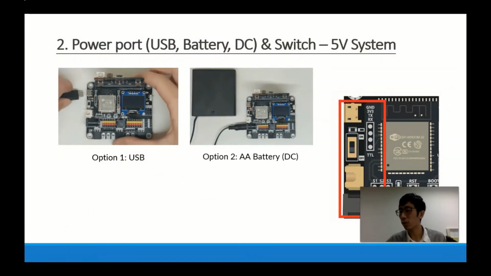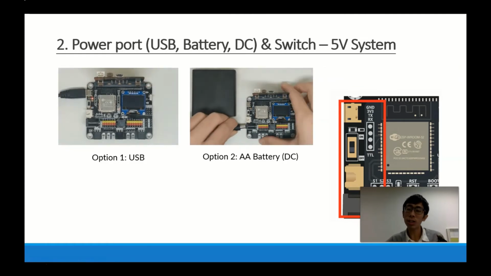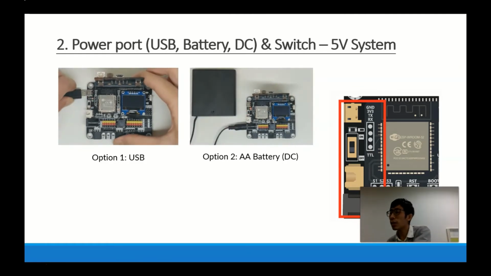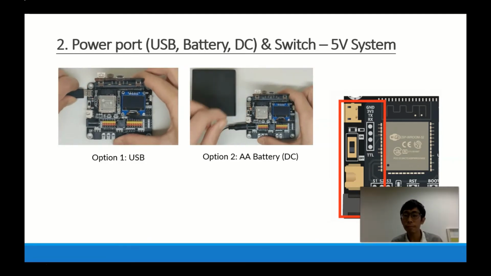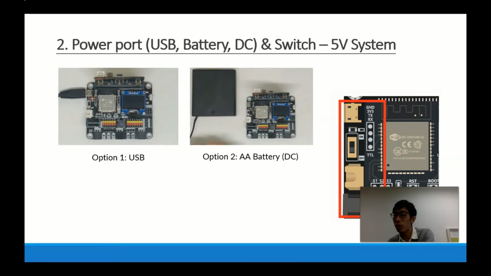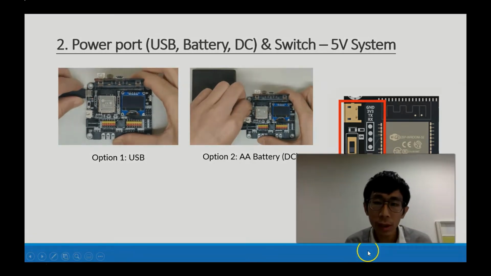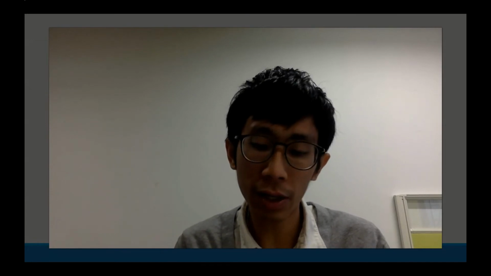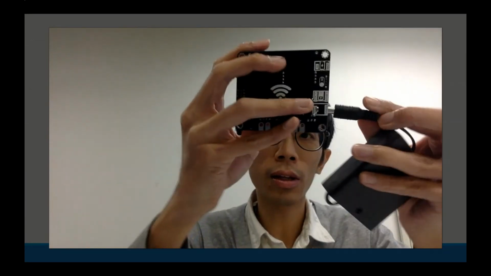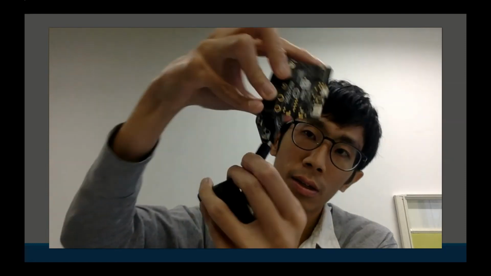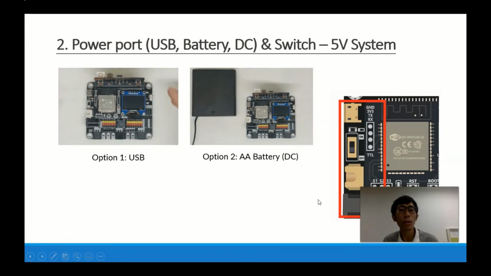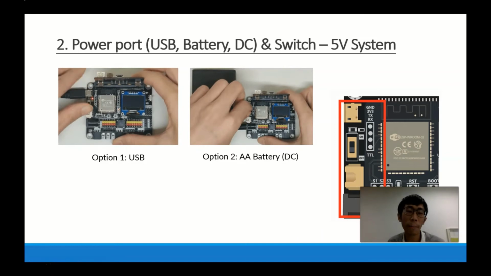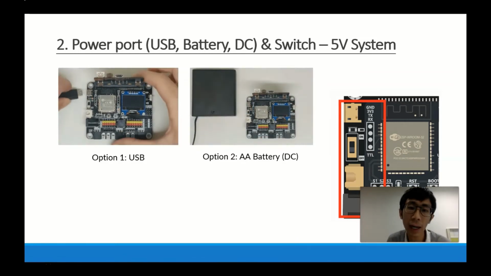AA battery. So the AA battery is also good. In the kit set it actually comes with the battery holder. Okay, so you can just do it like this and then just like this and then turn it on. Yep, it is convenient. You can notice that for the battery it is good because you can buy the battery somewhere or in a supermarket.